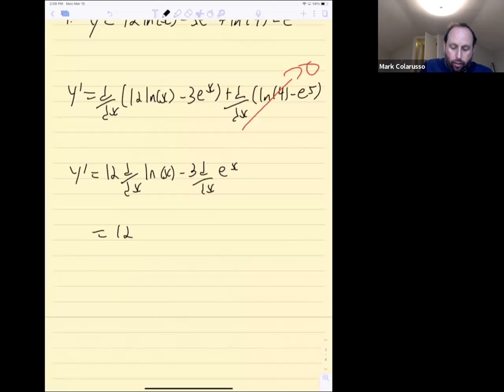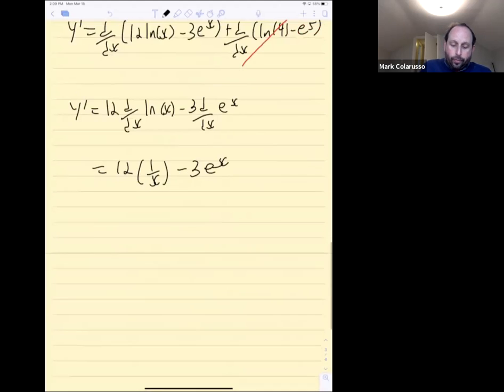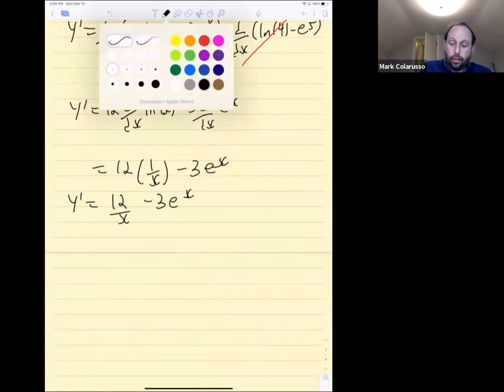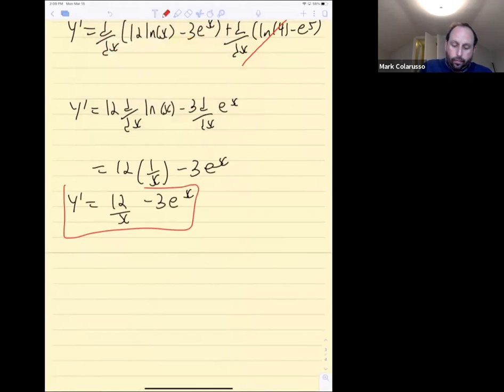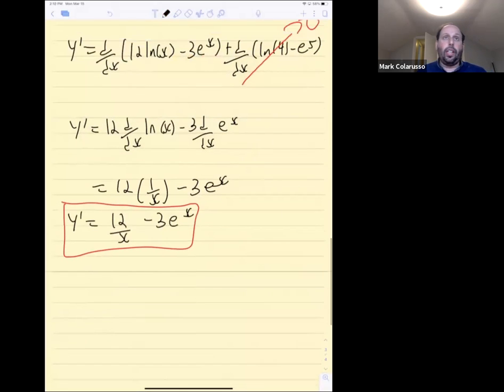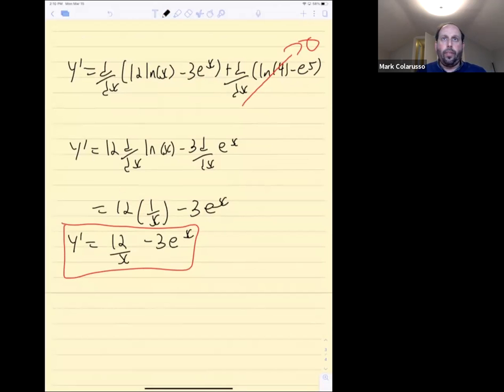So this is 12 times 1 over x. And of course, the derivative of e to the x is just our friend e to the x again. So what we get in the end is something quite straightforward. It's 12 over x minus 3 e to the x. Okay, so I didn't even need this, this was just using the derivative of ln.